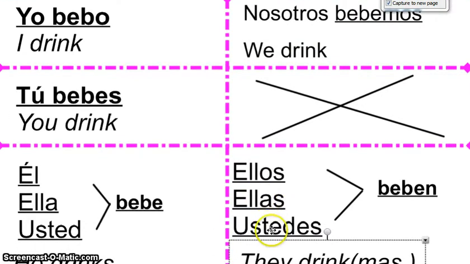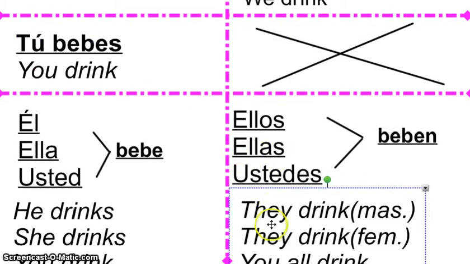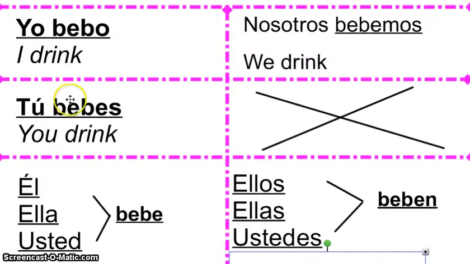Ellos, ellas, ustedes beben. They drink, or you all drink. They drink masculine, they drink feminine, and you all drink. Now, notice you drop the ER ending and add the EMOS. You drop the ER ending and add the EN.